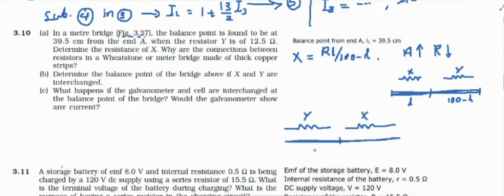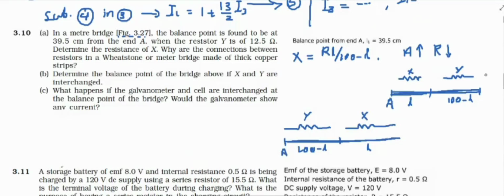Now this part is balanced by a length 100 minus L, and this will be L. Always we are measuring the balance point from a particular end, suppose NDA.